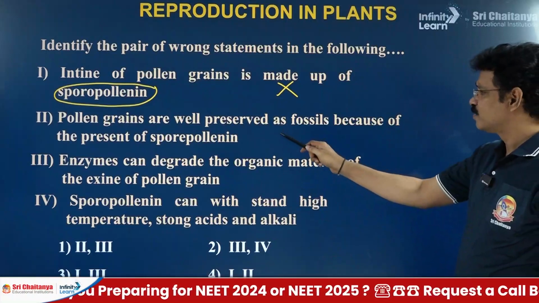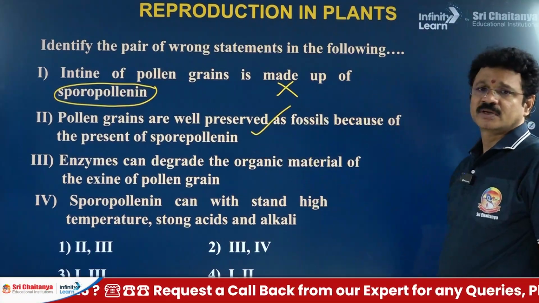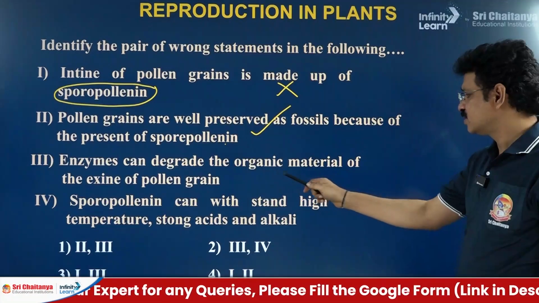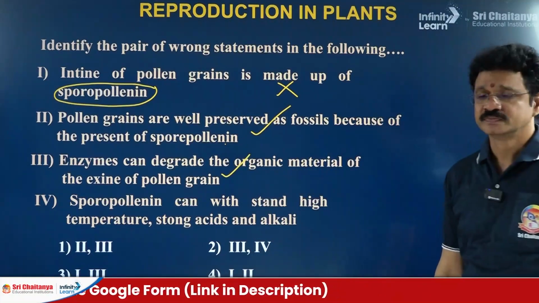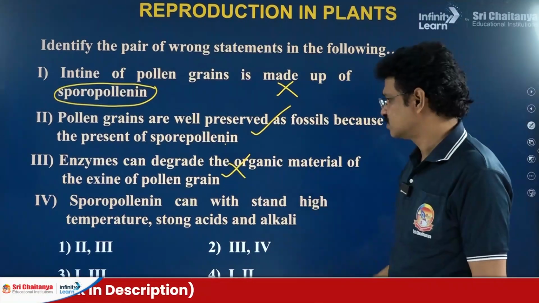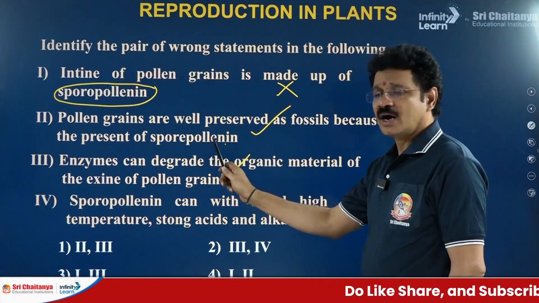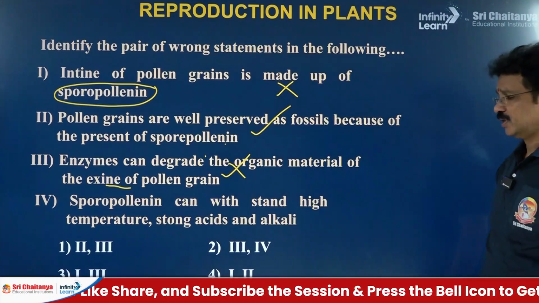Pollen grains are well preserved as fossils because of the presence of sporopollenin, the hardest organic material. True. Enzymes can degrade the organic material of the exine of the pollen grain. It is false. Enzymes cannot degrade or digest the sporopollenin found in the exine of the pollen grain.